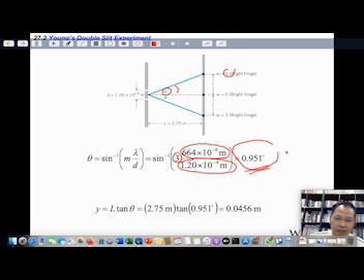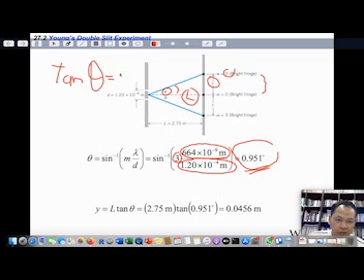And how to find the distance, because the question asks for the distance here. So for the distance you can use tangent. Tangent theta is y over L. So y is L tangent theta.